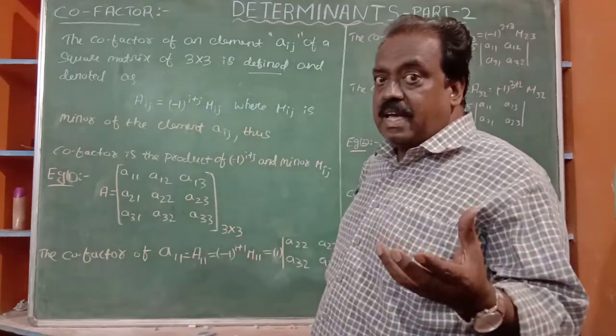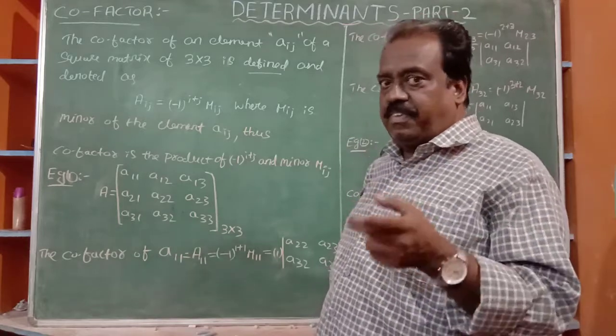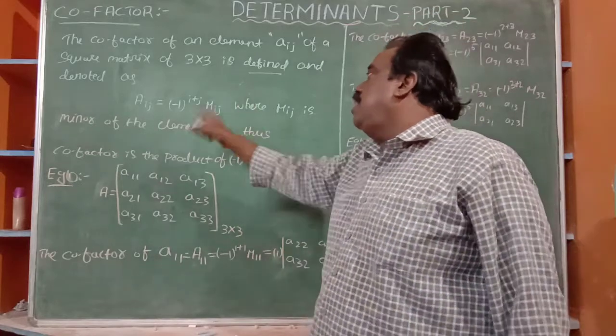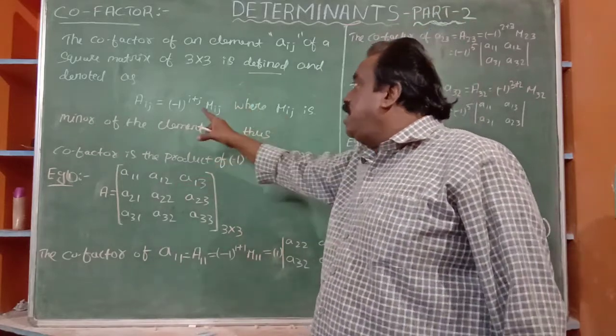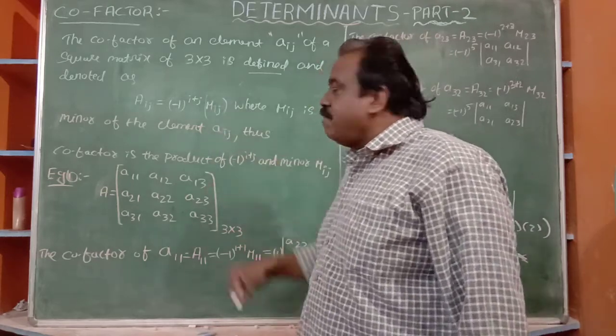Capital letter A, B, C means it is simply a matrix. Aij, with the suffix ij, is a cofactor. Mind it well. Aij is equal to minus 1 power i plus j into Mij.